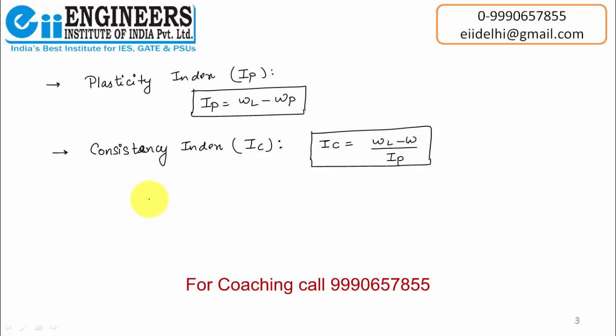Now if the consistency index of the soil is equal to unity, that means the numerator should be equal to the denominator, so the natural water content should be equal to the plastic limit. Now if IC is equal to 0, the numerator should be equal to 0, so the natural water content or field water content is equal to the liquid limit.